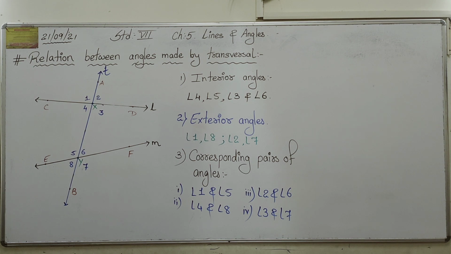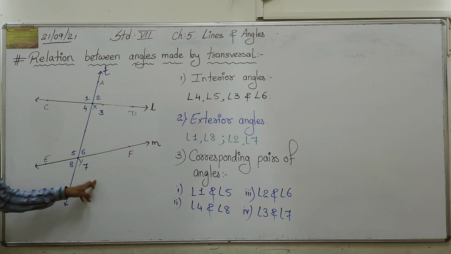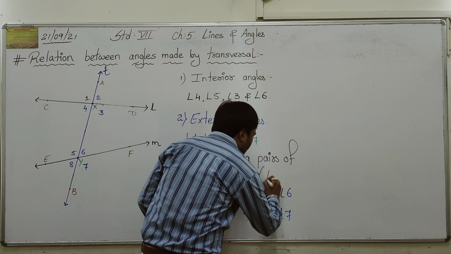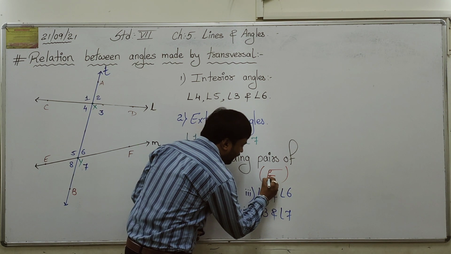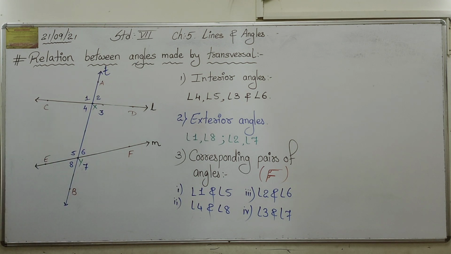Understood? Try to become a frog. Whenever this comes, become a frog. Skip one number means we make one jump. So from 1 directly we move to 5. From 4, 8; 2, 6; 3, 7. These are corresponding pairs of angles. Some notebooks give a symbol: you remember it as an F shape, where angles form at the F. Angles like that are called corresponding pairs of angles.